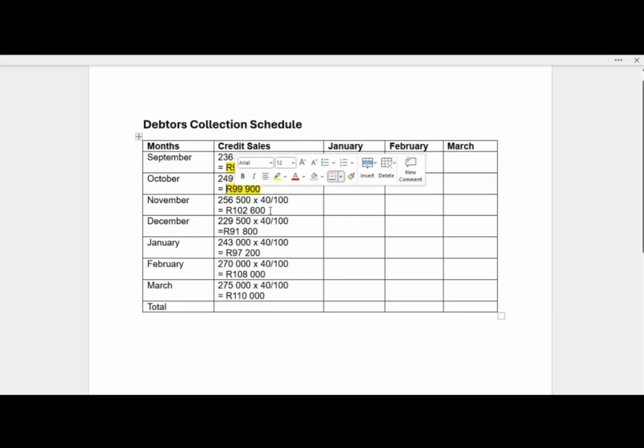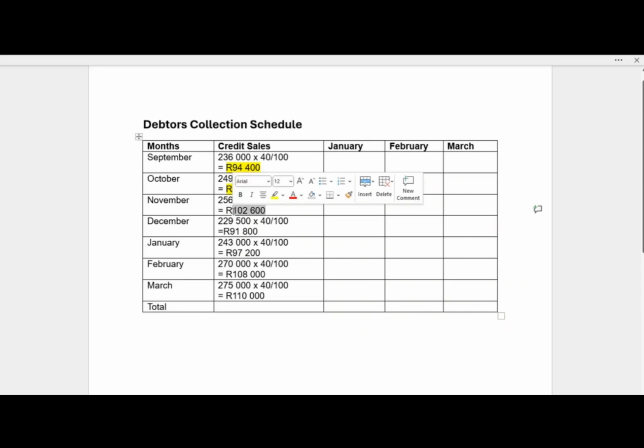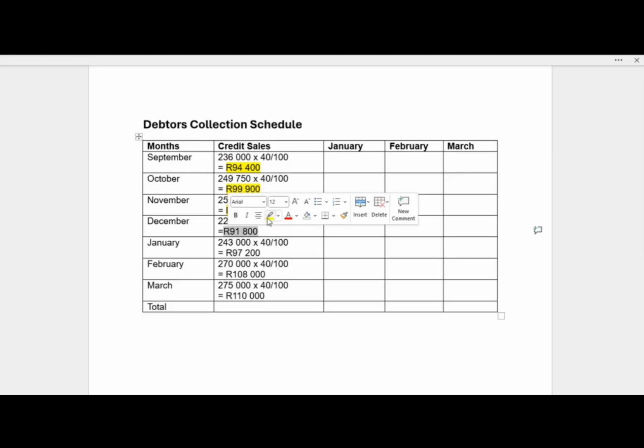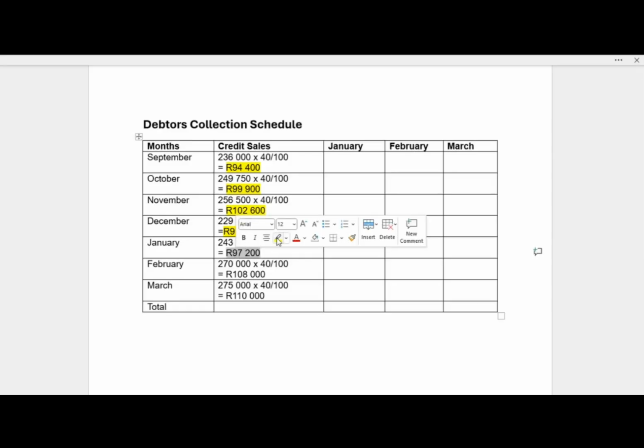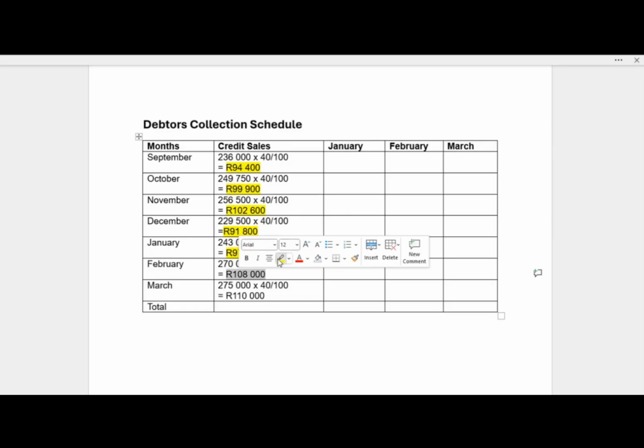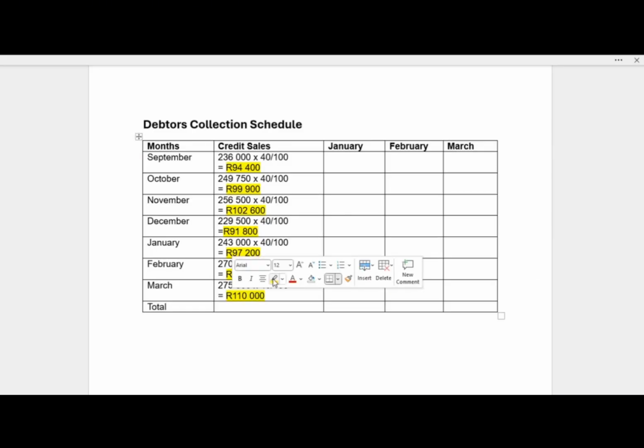And then for November, we're going to collect from this one. For December, we're going to collect from this one. For January, from this one. For February, from this one. And for March, we'll collect from this one. Done, right? So how do we collect?